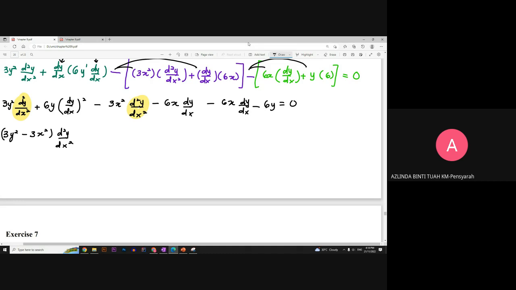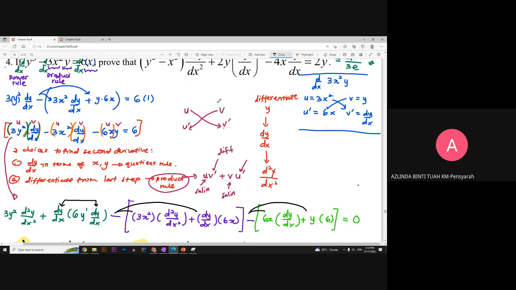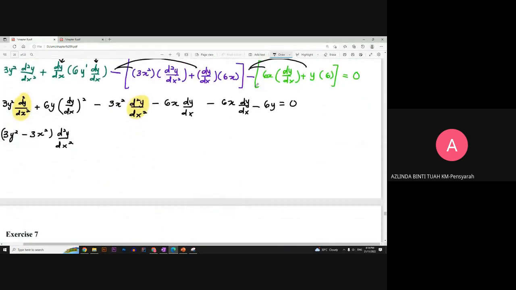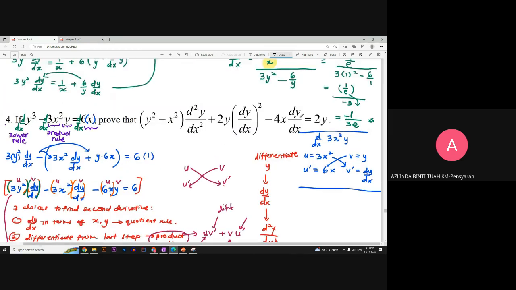Okay. Kemudian back to the equation. Apa dalam second term? Second term dia ada dy dx yang square tu. So cari dy dx square di mana? Yang ini sahaja. Okay, so kita akan letakkan dia di second term plus 6y dy per dx squared. And then back to the equation, dia letakkan second dy dx di term yang ketiga.